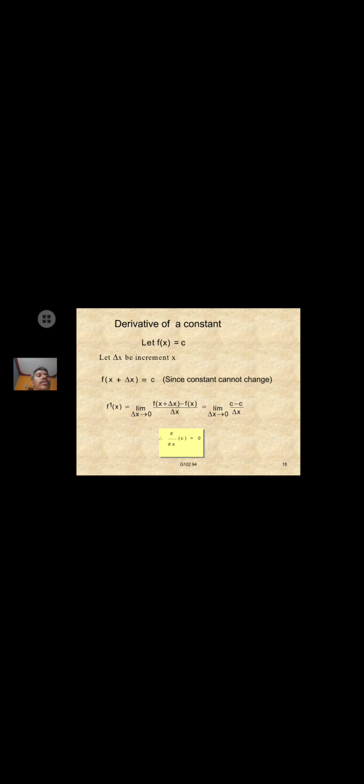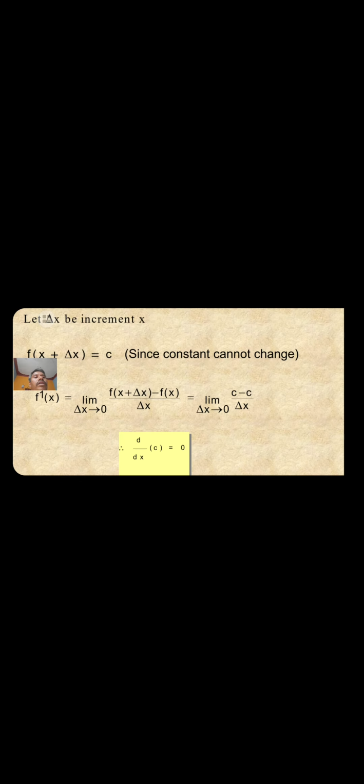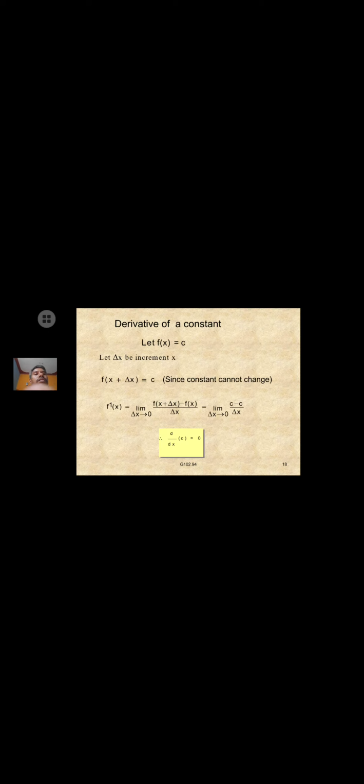That is, d by dx of c equals 0. So the derivative of a constant is 0.